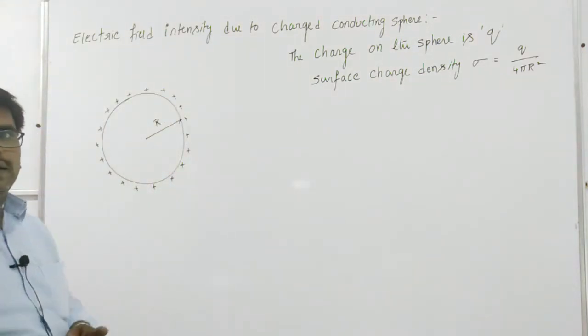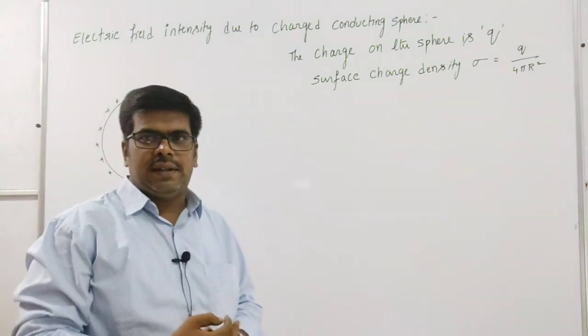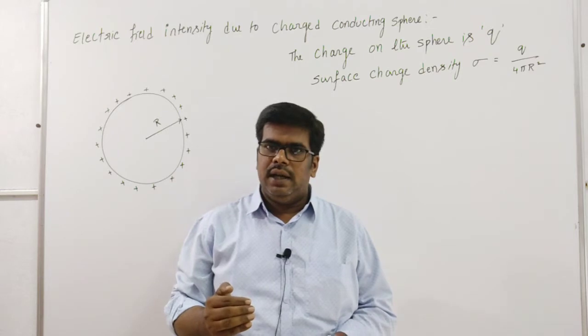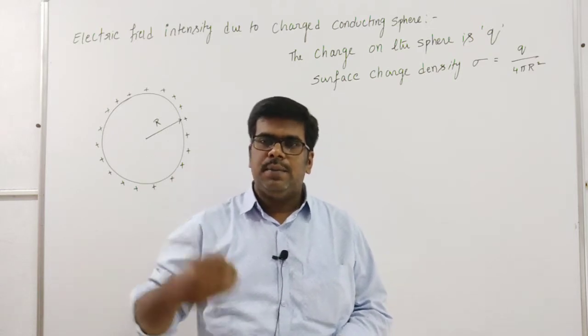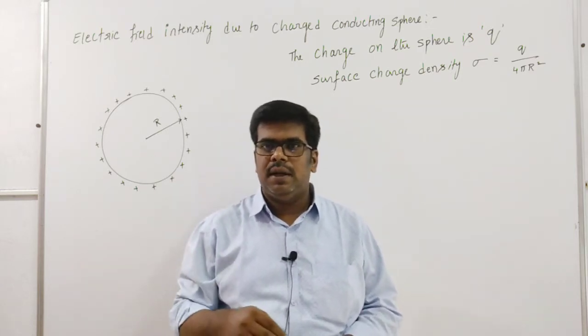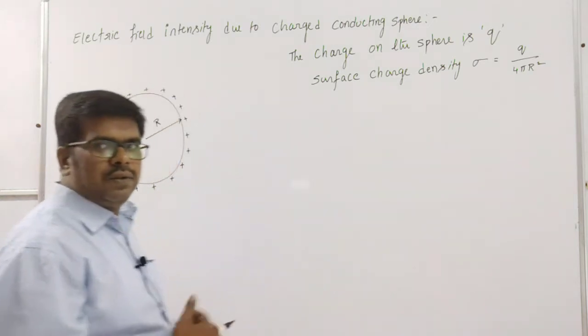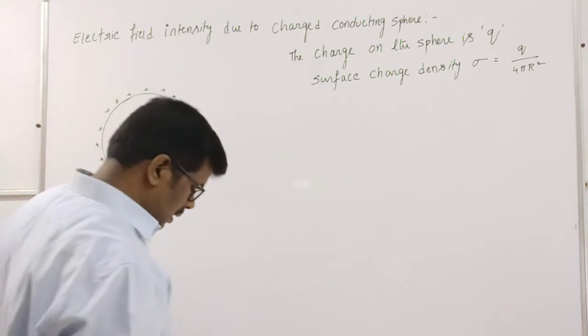Now we will take the three cases as we saw in the previous cases of the cylinder. So the field intensity outside of the sphere, on the surface of the sphere, as well as inside of the sphere, what are the electric field intensities? Those cases we will be discussing.